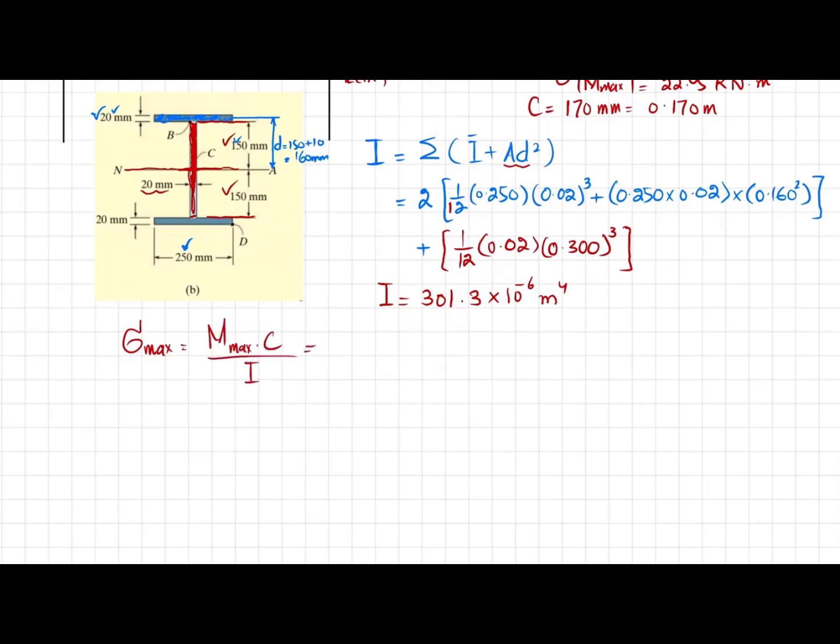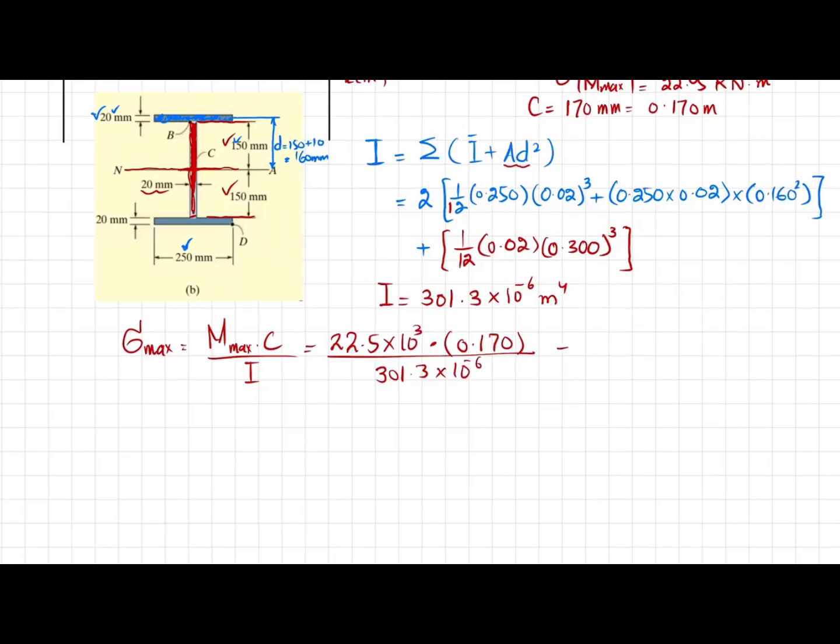So maximum bending moment was 22.5 kilonewton meter. So 22.5 into 10 to the power 3 will be converted into Newton. C was 0.170 divided by I, which is 301.3 into 10 to the power minus 6 meter power 4.